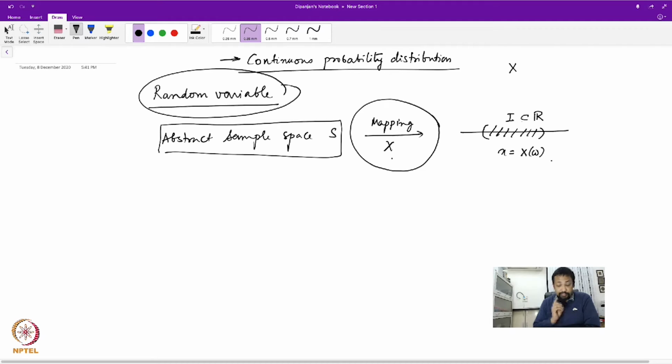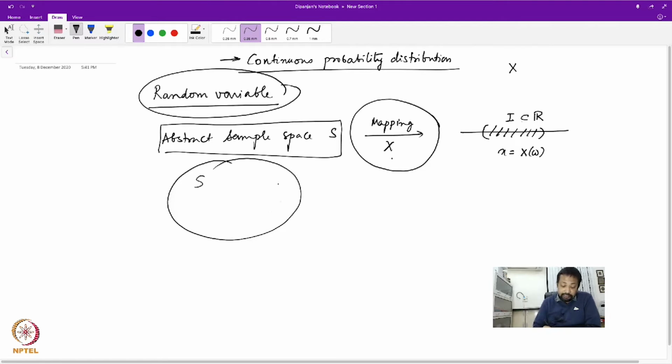Provided, one has to be very clear about it, provided the inverse mapping of every interval will correspond to an event in the sample space.